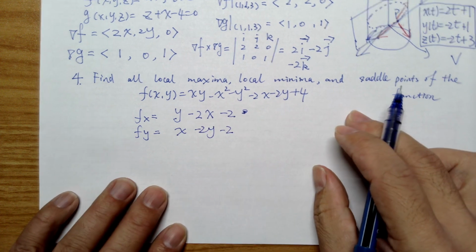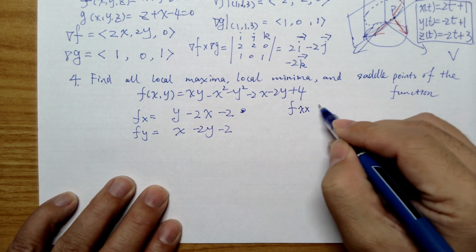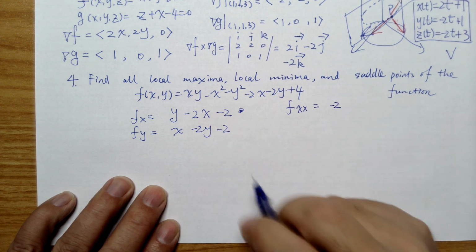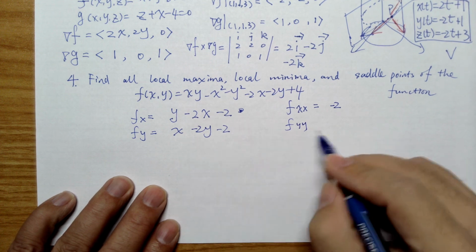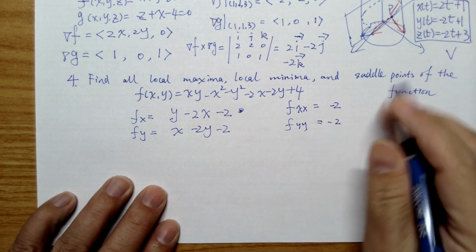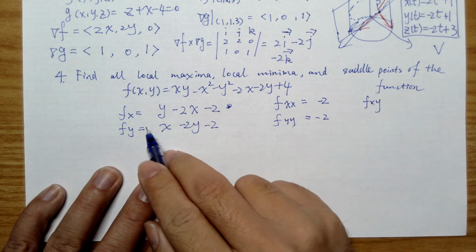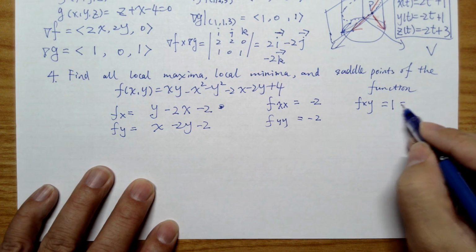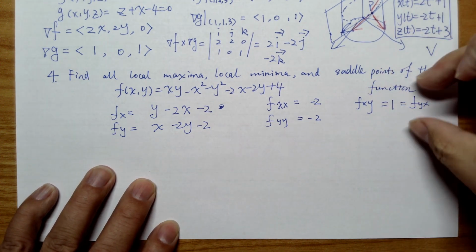Let's also figure out the second derivatives: f_xx is negative 2, f_yy is also negative 2, and the mixed partial is 1 on both sides. So this is good.